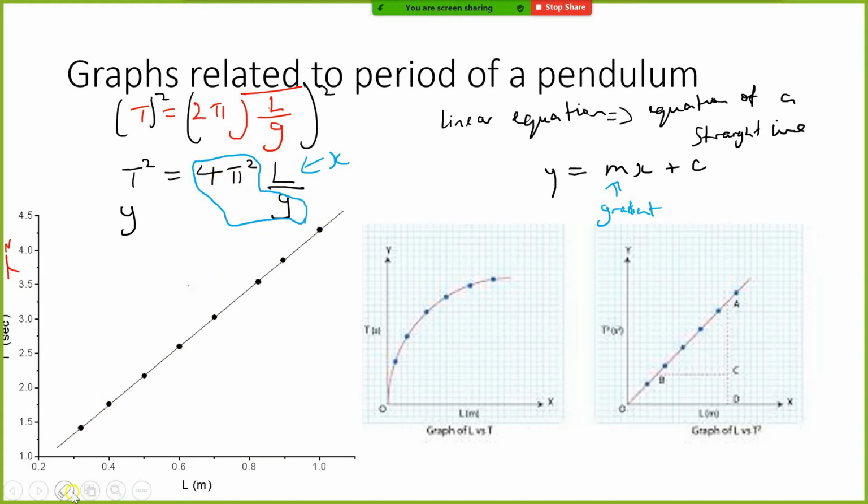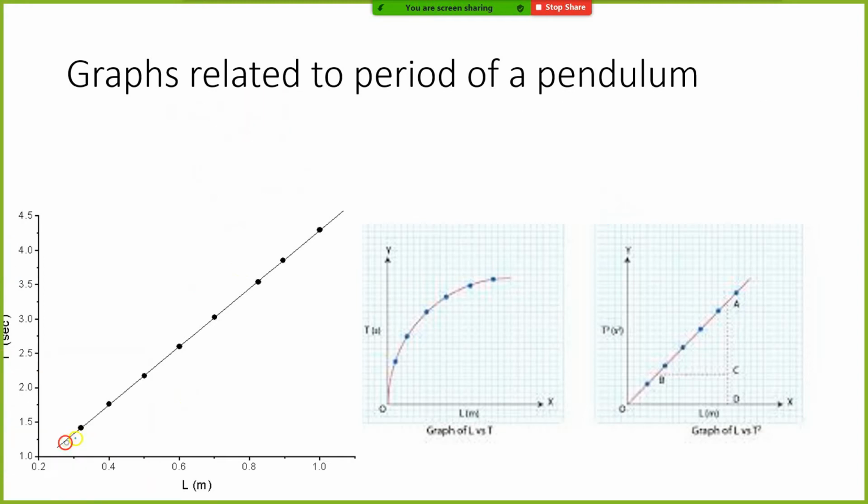But let me just show you now the finishing touch, right? So we have t squared is equal to 4 pi squared divided by g times L. So at this point, I can do my final comparing.